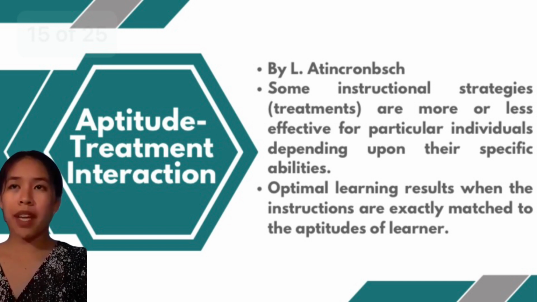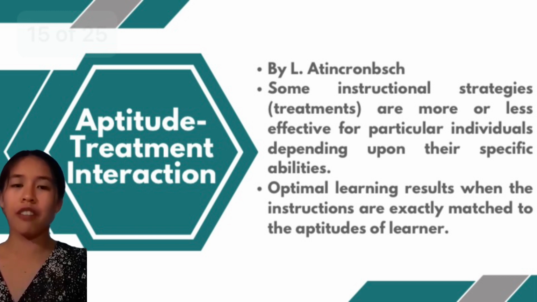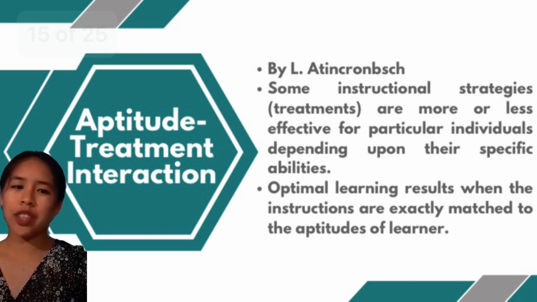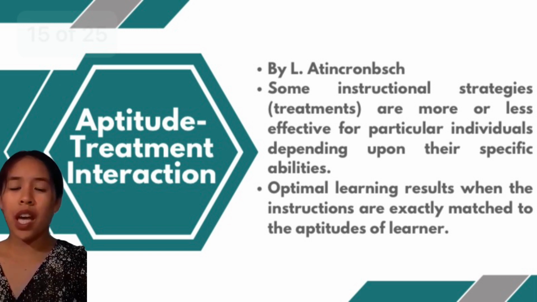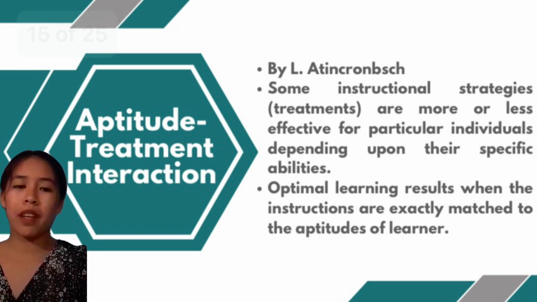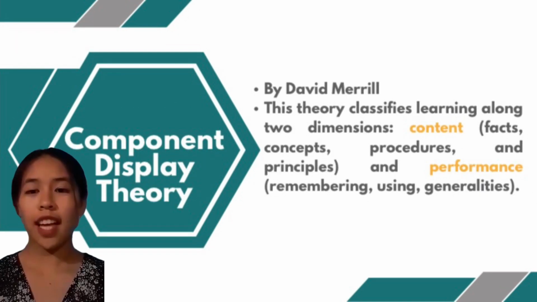When the treatment was exactly matched to the aptitudes of the learner, the effect would be optimal. But highly structured treatments seem to help students with low ability, yet hinder those with the higher ones. Next is component display theory.